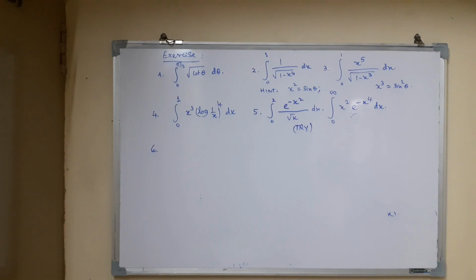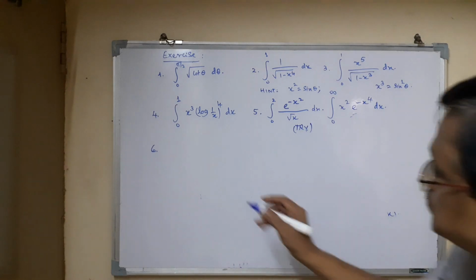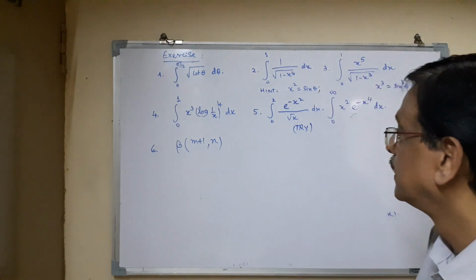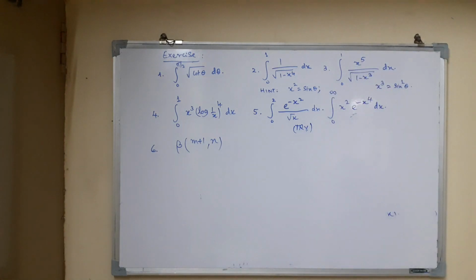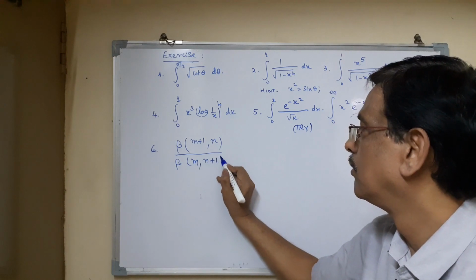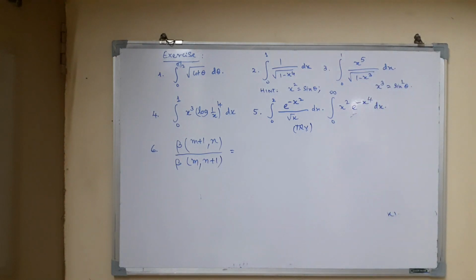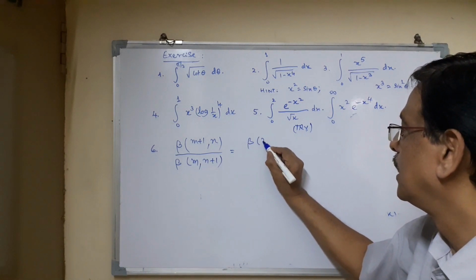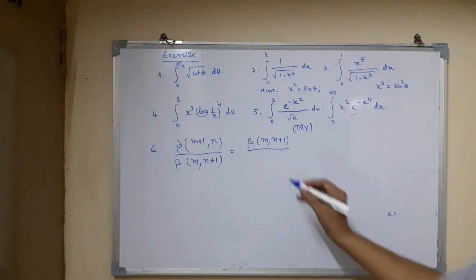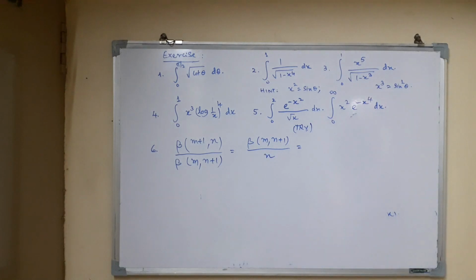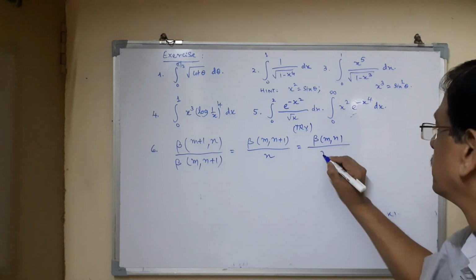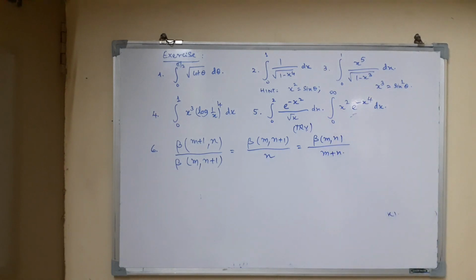Beta of m plus 1 comma n by beta of m comma n plus 1 is equal to beta of m comma n plus 1 by beta of m plus n comma n. A very interesting problem.